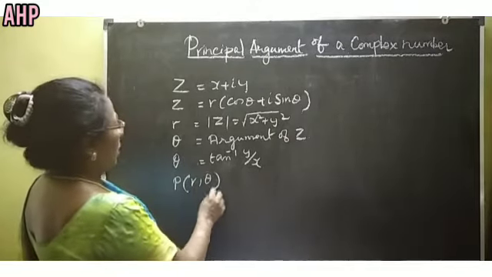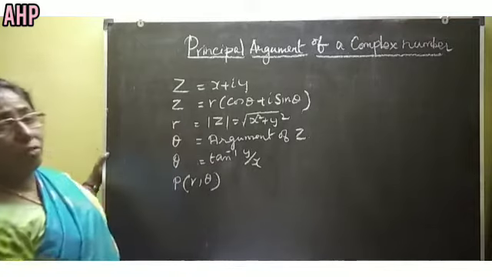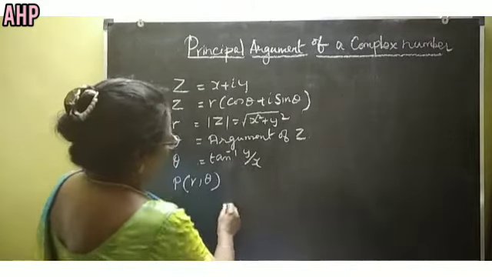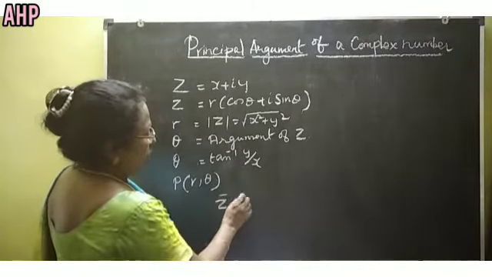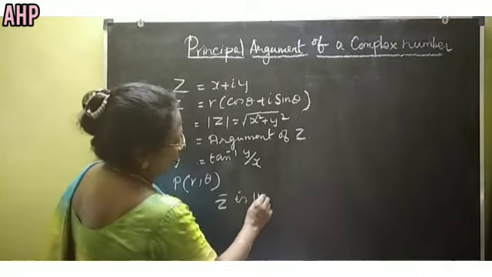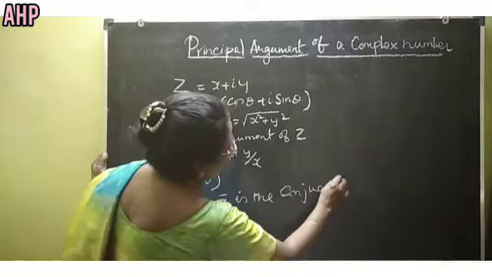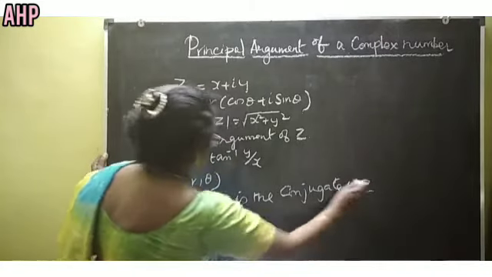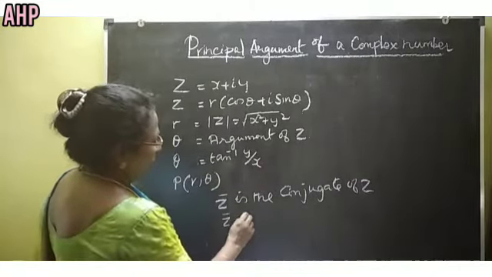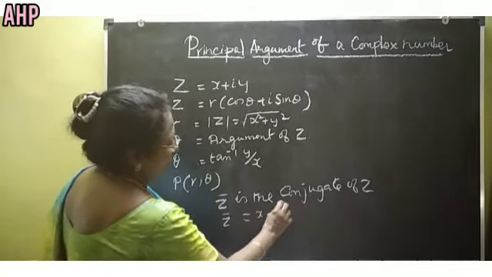For the complex conjugate of z, the complex conjugate is z bar, which is given as x minus iy.